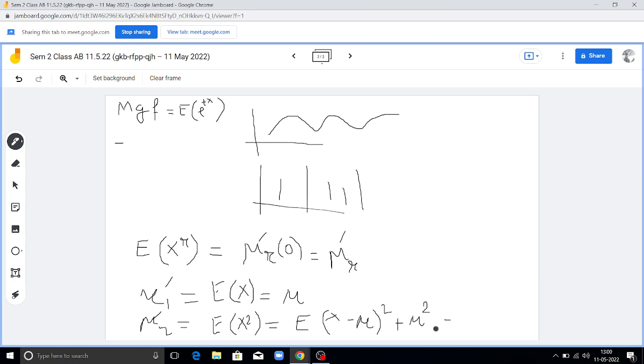Why do we need this? Because this first term is nothing but the variance of x, plus mu square. What is variance of x? Variance of x is nothing but the standard deviation square. So s square plus mu square.